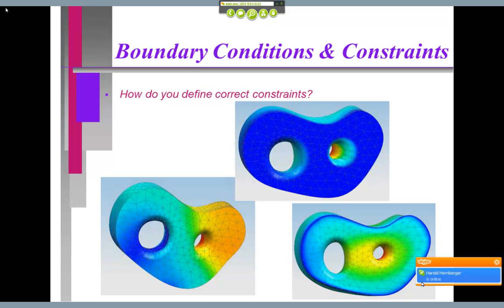The first one, the top one, what would that constraint suggest in the real world? What kind of attachment? Somehow it is fully attached to the surface, right? It's been glued. So we can think of that as kind of a glued constraint.